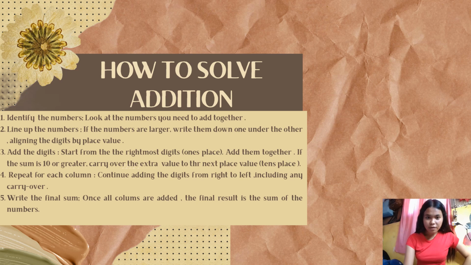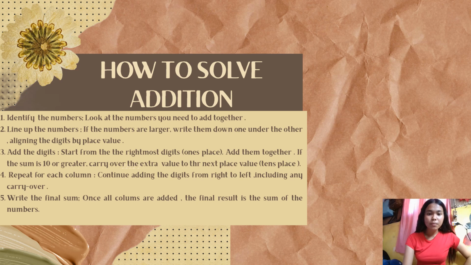How to solve addition. First, identify the numbers. Look at the numbers you need to add together. Second, line up the numbers. If the numbers are larger, write them one below the other, aligning the digits by place value. Third, add the digits.